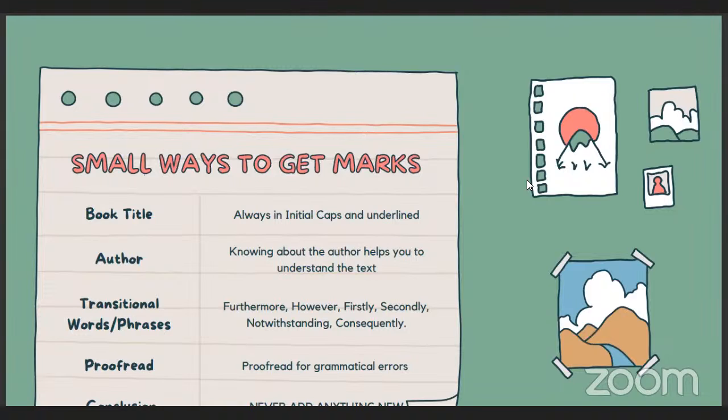For the author, you must know the author, and it will help you to understand the text. So have a background of the author. You might not include it in your essay, but let's use The Taming of the Shrew, for example. If you knew when Shakespeare specifically wrote this play, and why he wrote the play, then you would understand better why the play is the way it is.